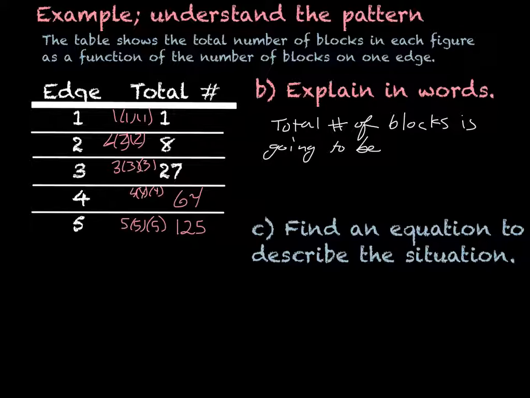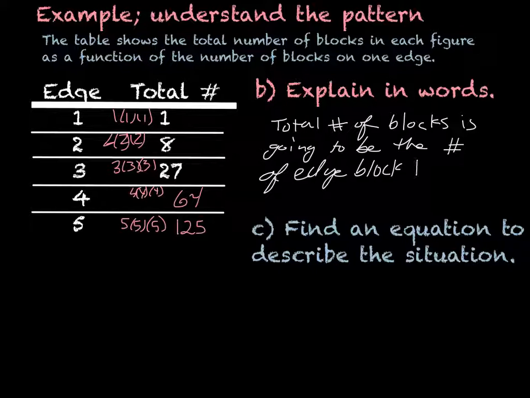So what we're going to do here is explain that we take the number of edge blocks times itself three times.